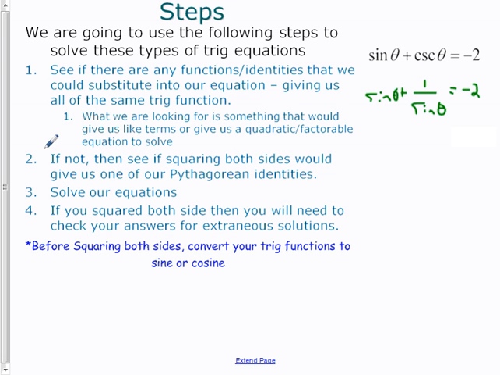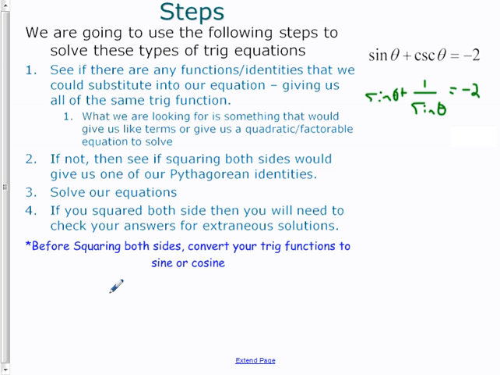If not, you could square both sides to see if you can get a Pythagorean identity. That's not the ideal situation, because what happens when you square both sides, as you'll see when we do one, is you have to check for extraneous solutions. If you don't remember from Algebra 2 what that means, basically, since we're squaring everything, squaring turns everything positive and gets rid of all the negatives.